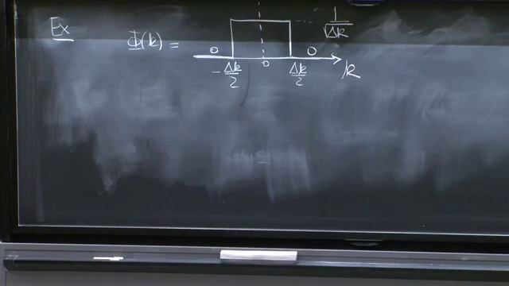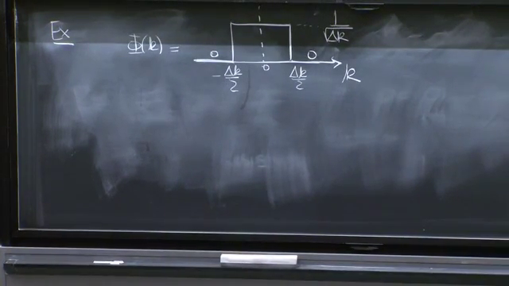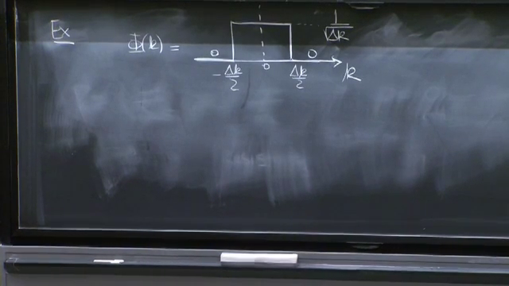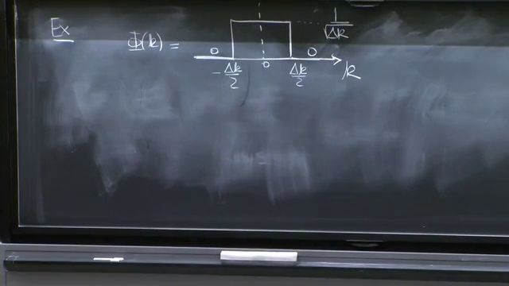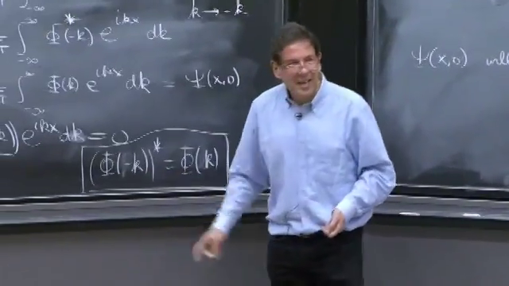What do you think? Is the psi of x corresponding to this phi of k going to be a real function or not? Anybody? This equation is true. Is it true or not? Okay.